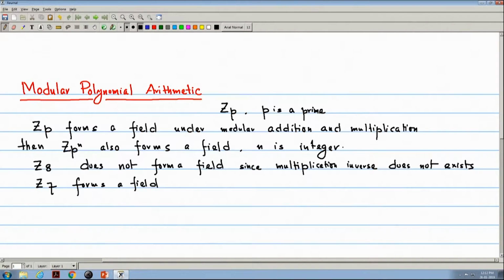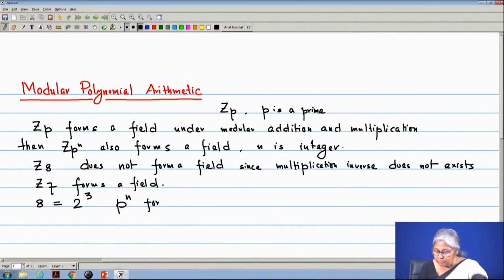Now, 8 is 2 to the power 3. So, it is of the form p to the power n, where p equal to 2 and n equal to 3.